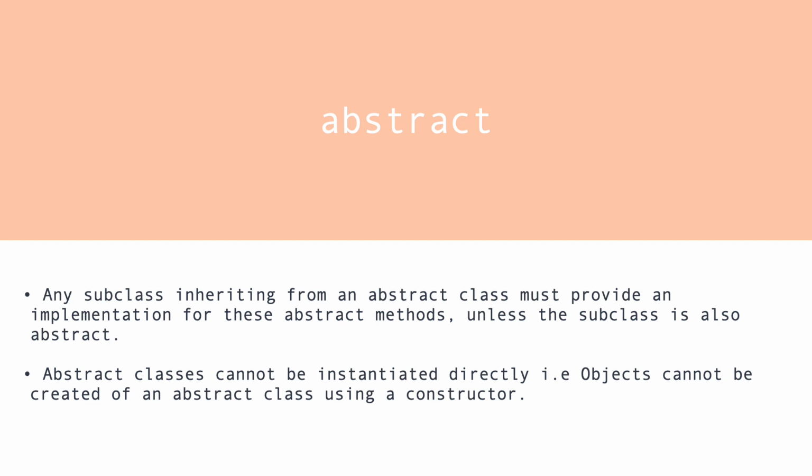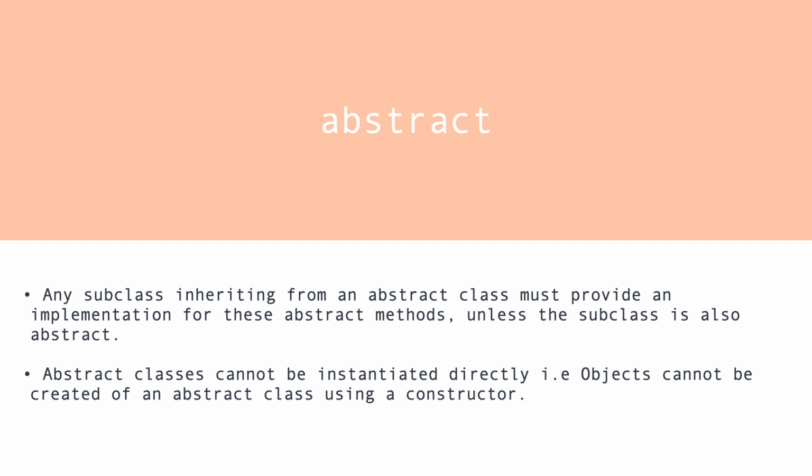Abstract is also one of the concepts related to inheritance, and the idea of abstract is, if you declare a particular class as abstract, which means you're not sure of how that method should be executed, and you leave it to the subclasses.